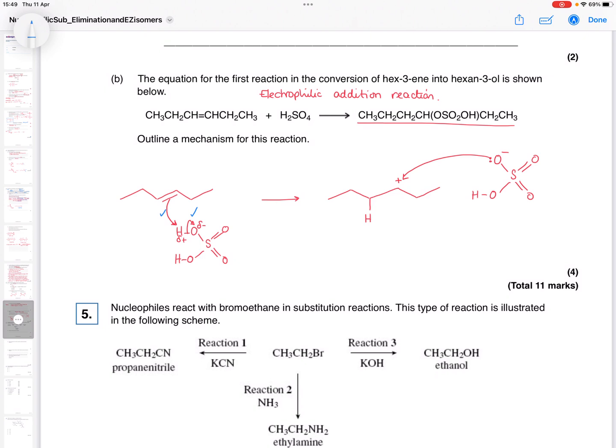There's a mark for the structure of the intermediate, showing the carbocation and its position. And then finally there is a mark for the arrow going from the hydrogen sulfate anion to the positive charge of the carbocation.